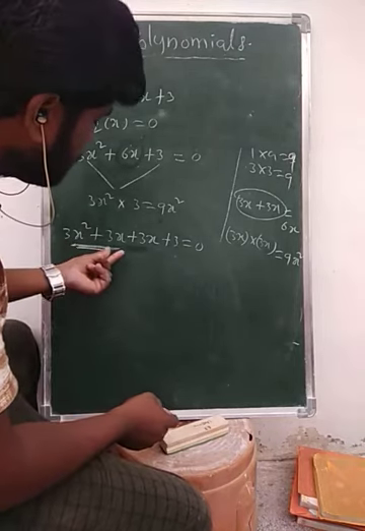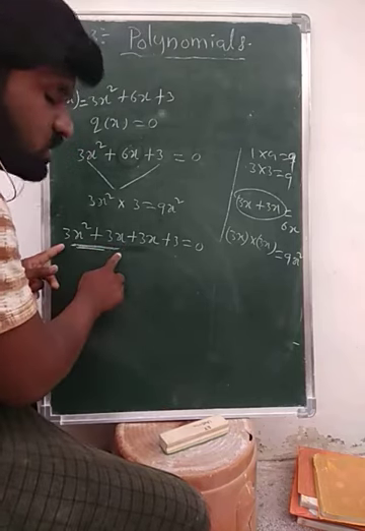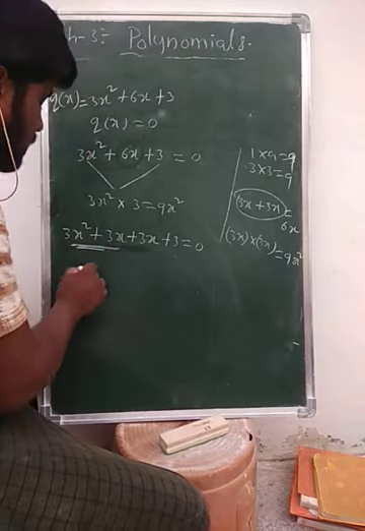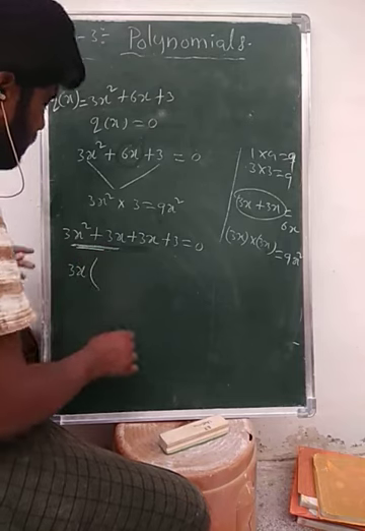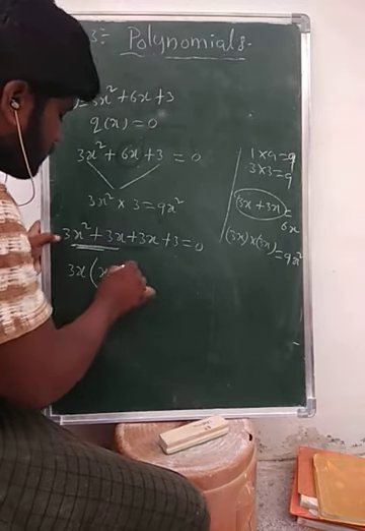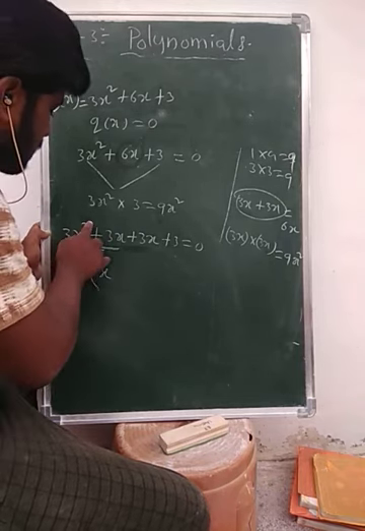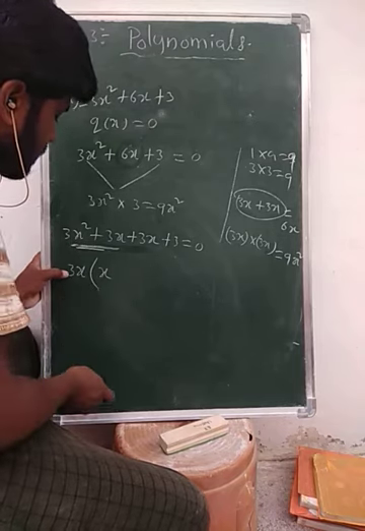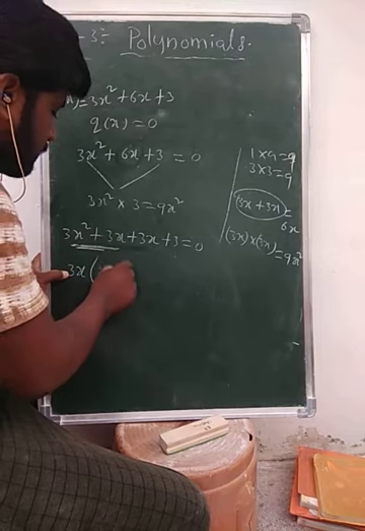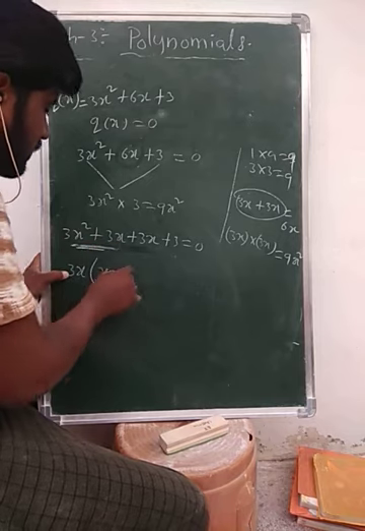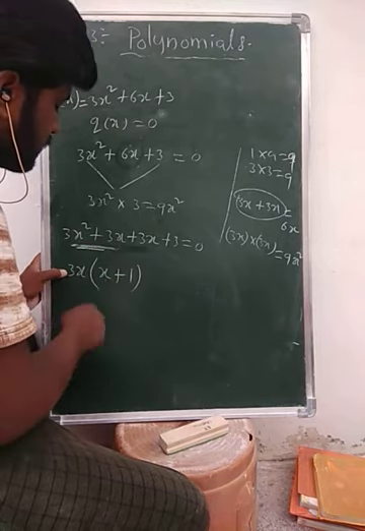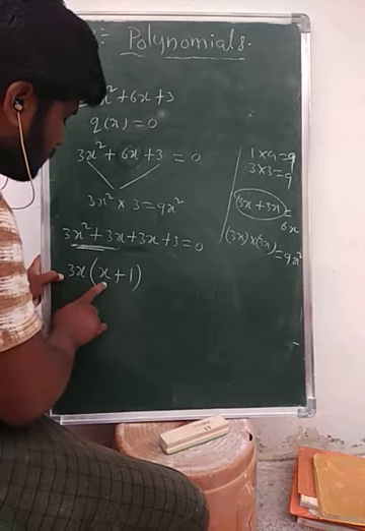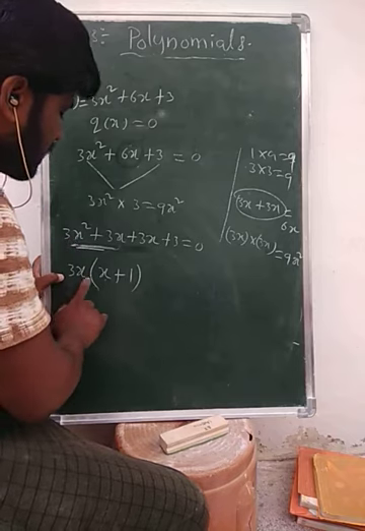Here 3x square, here 3x. If we take out the common 3x, we get here only x, and here 1. Again you multiply 3x into x, 3x square, plus 3x into 1, 3x.